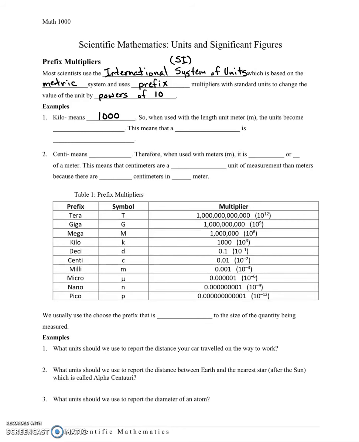So if we use the prefix kilo with the length unit of a meter, the units become kilometers, or kilometers, however you want to say it. That means that a kilometer is 1,000 meters.